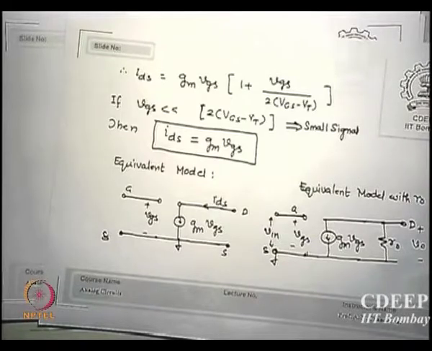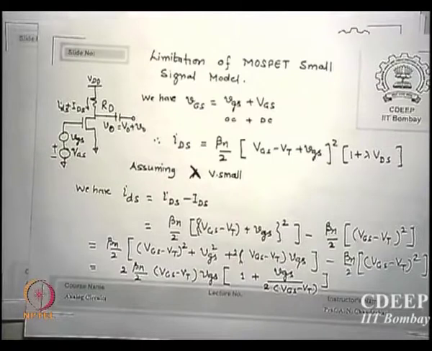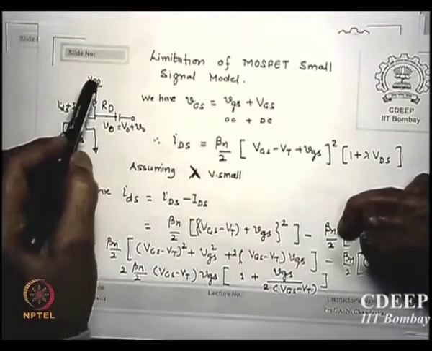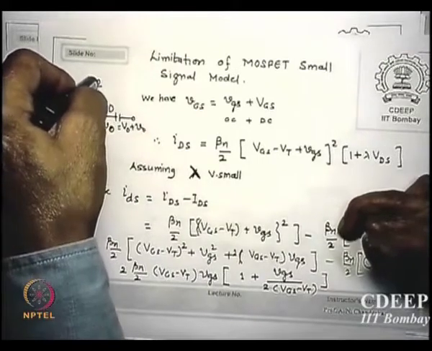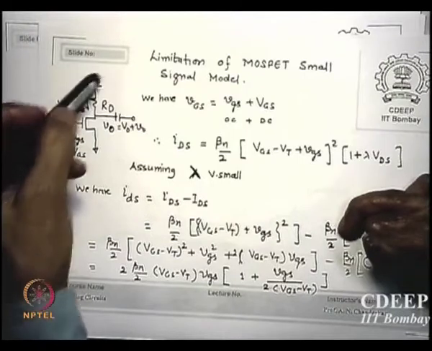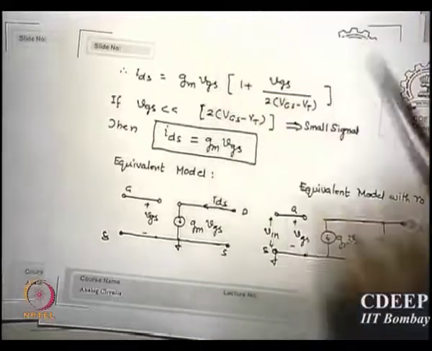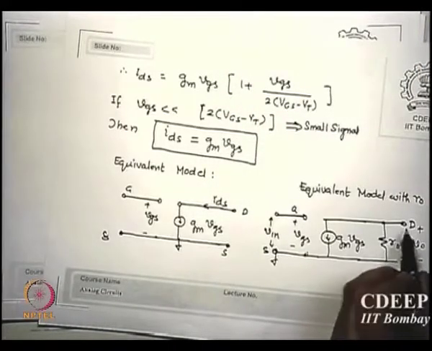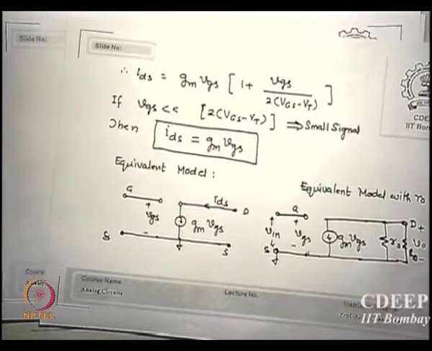RD is between, this has to be understood, all of you know well, but I restate, for AC, this point is ground, this point is ground for AC. So RD is between drain and ground. Is that clear? Drain and ground. So where will this appear here externally? RD. Is that okay? So RD will be shunting R0.